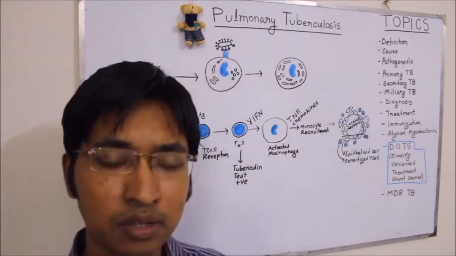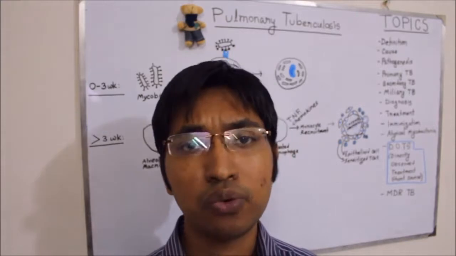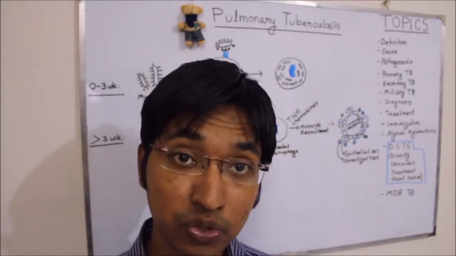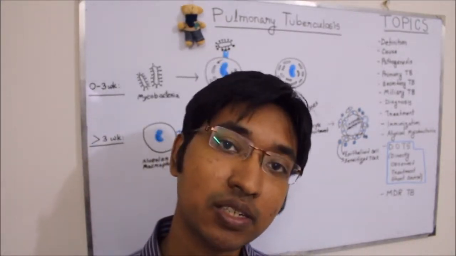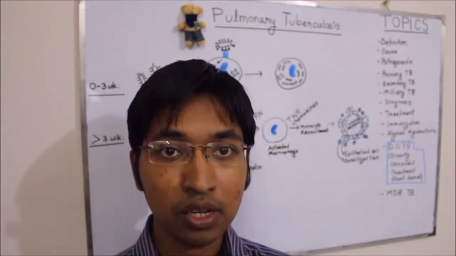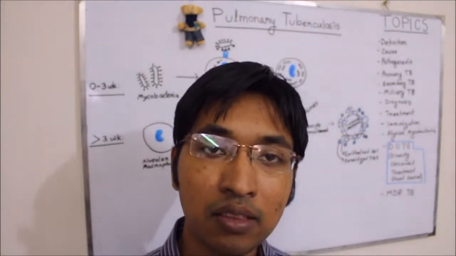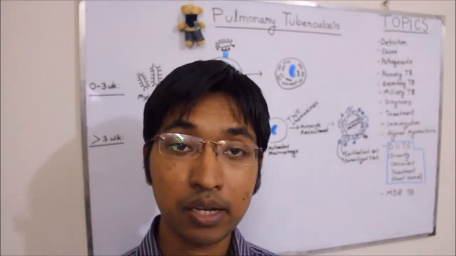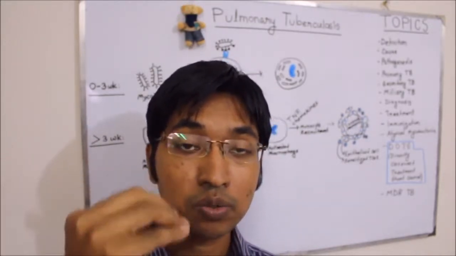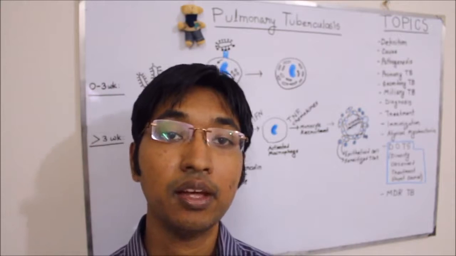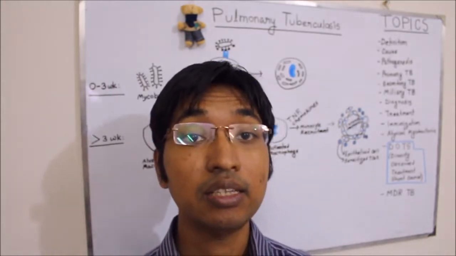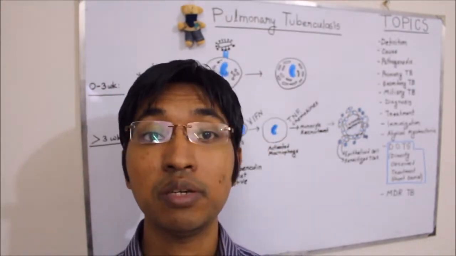Then what will happen? Now normally, recall that macrophages are phagocytic cells, and like all other phagocytic cells, whenever they have engulfed something, they try to kill it. And they try to kill that thing by fusing their lysosome with the phagosome. But unfortunately, in this case, that won't be possible.